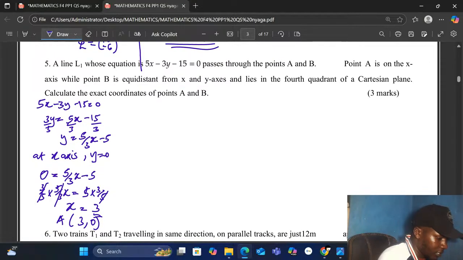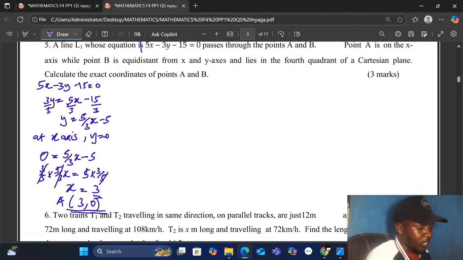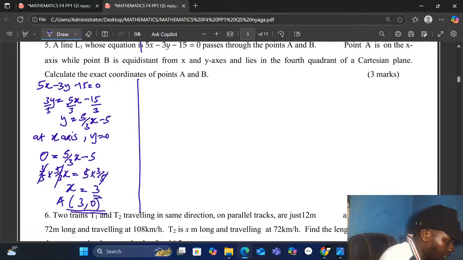Then, so that is now the coordinates of A. Then we move to the coordinates of B. We look for the coordinates of B. Now to look for the coordinates of B, we have the equation y is equal to 5 over minus 5.